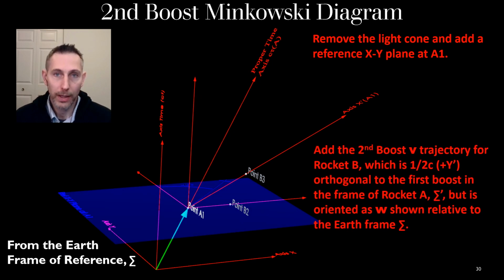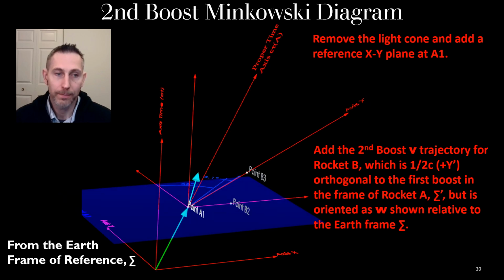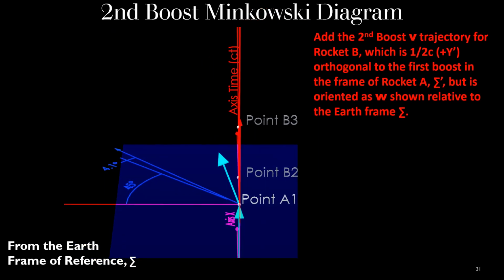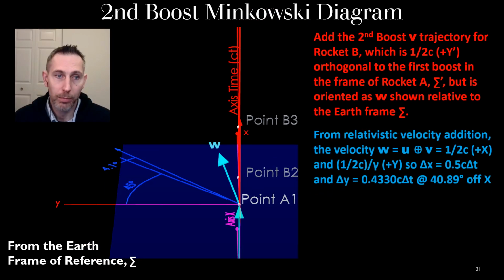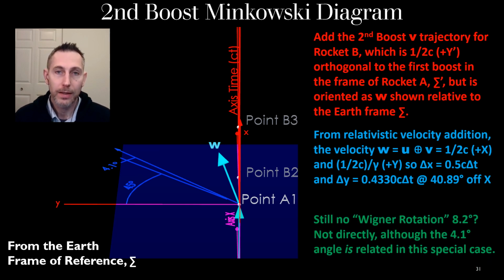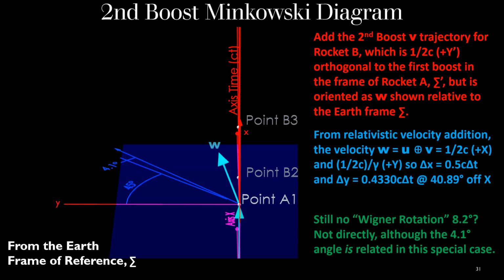Then next, we'll add the second boost V, but from the sigma frame, we'll call it W. The delta XY components of W are derived from the velocity addition formula shown earlier. The trajectory is clearly 4.1 degrees from the expected 45 degrees of the frame sigma prime. Still, no 8.2 degree Wigner rotation.